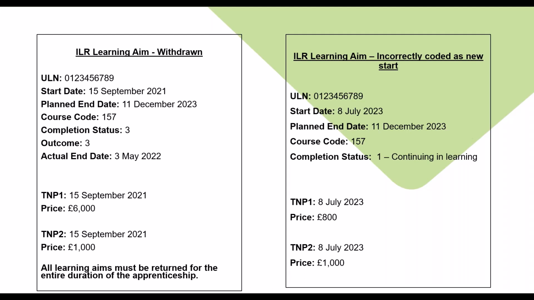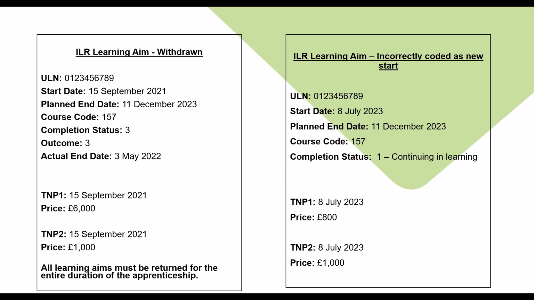We do see situations where a learning aim has been closed with a withdrawal and it's returned in the ILR up to R14 of that year, which is correct. And then from the start of the next funding year, i.e. from August, the learner isn't in the provider's ILR, which again is fine.